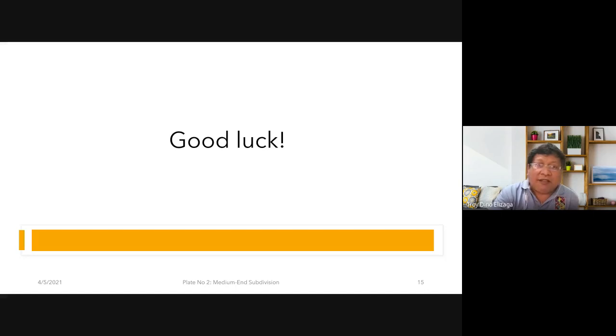But my advice is don't hold on too much to plate number one. Try to submit it as soon as possible, because work will pile up. This plate number two, even I can say that it's really a big project. There's a lot, no? You'll be designing three houses plus the subdivision. So it's like in first year, that's about four plates, no?